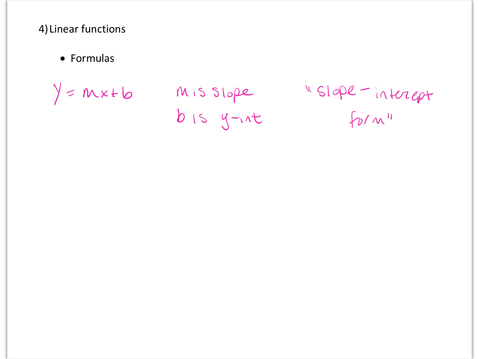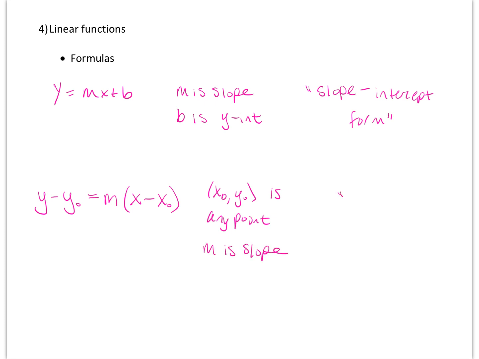Okay, and then we have another one called point slope form, and it's y minus y naught equals m times x minus x naught. And in this case, x naught, y naught is any point on the line, and m is the slope.